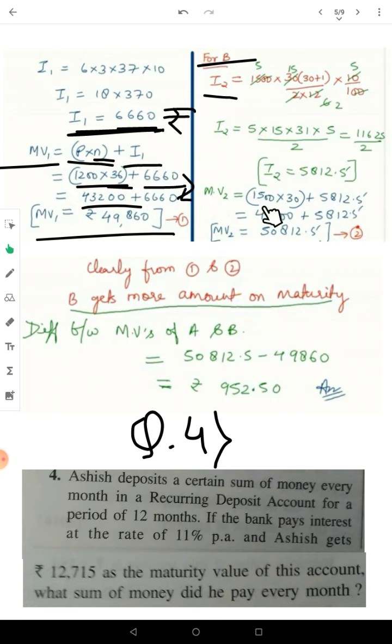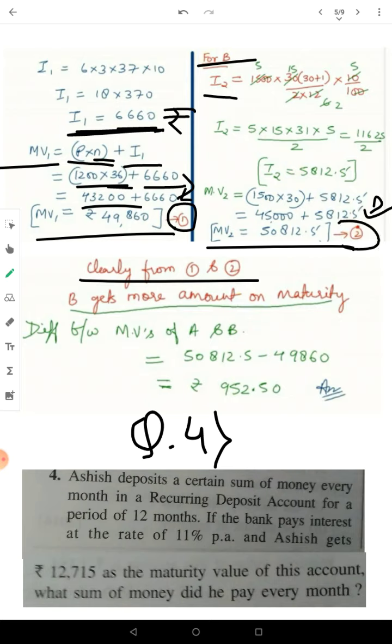So 1,500 is the principal, 30 is the time in months, plus 5,812.5 is the interest. 45,000 is the calculation of 1,500 into 30. After doing this, you will get maturity value 2, that is 50,812.5 rupees.